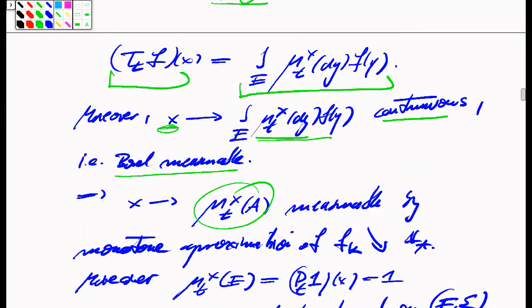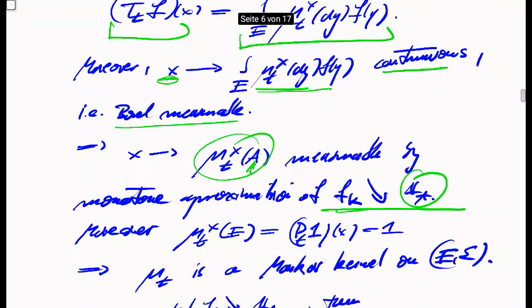That is a simple consequence of monotone convergence, if you like. If we want to evaluate the kernel at a fixed set A, we just approximate the indicator function of this set by a monotone approximation of continuous functions, which is possible in particular in Polish spaces.